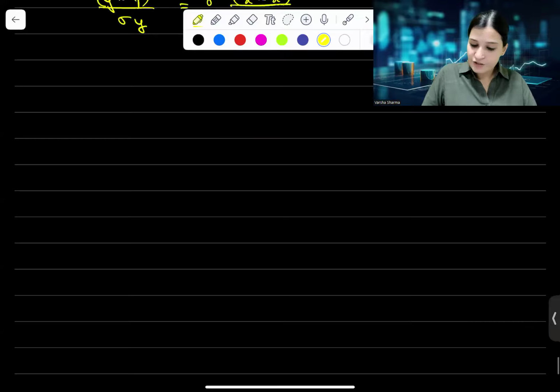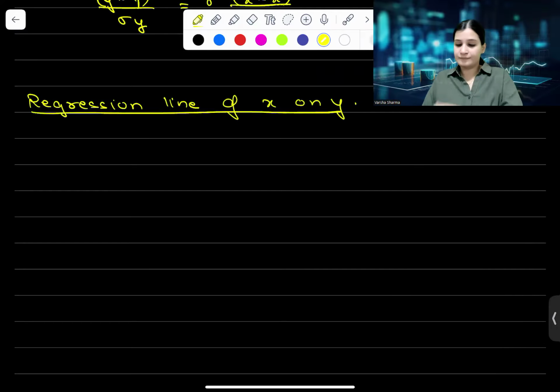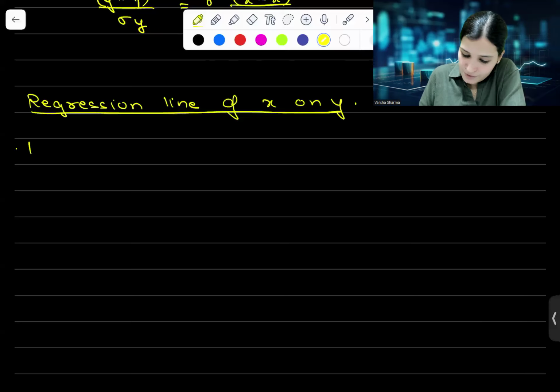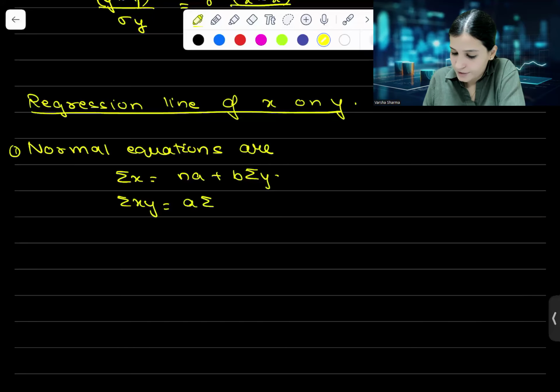Okay. Then the regression line, another formula for x on y. Number one, the normal equations are summation x equals na plus b summation y, and summation xy equals a summation y plus b summation y square.